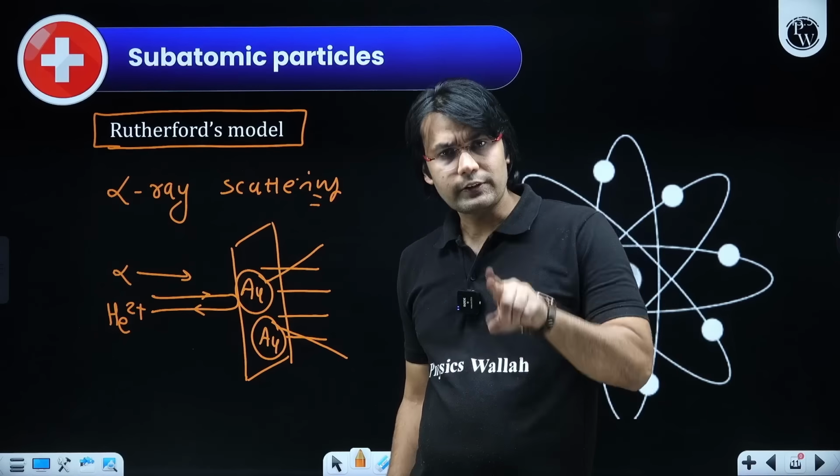Aufbau rule says electrons will first enter or be distributed in that subshell or orbital which has lower energy. So when you are distributing electrons in the subshells or orbitals, first you need to put electrons in that subshell or orbital which has lower energy, right?